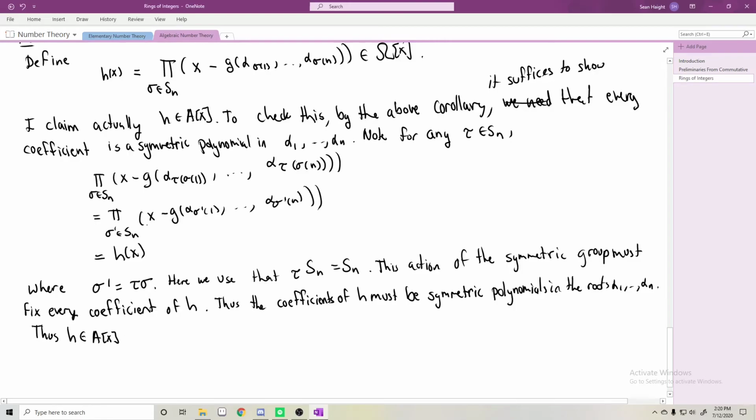And what's more, you can see just from the definition that h is monic, and it has g of alpha 1 through alpha n as a root.